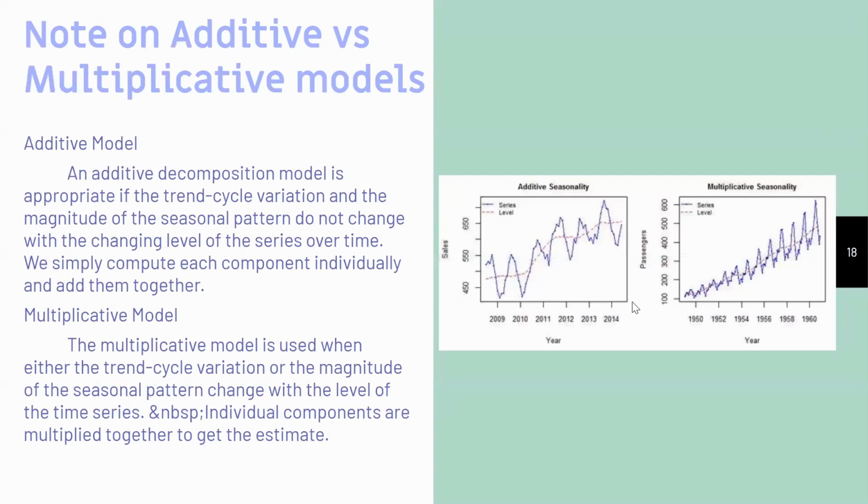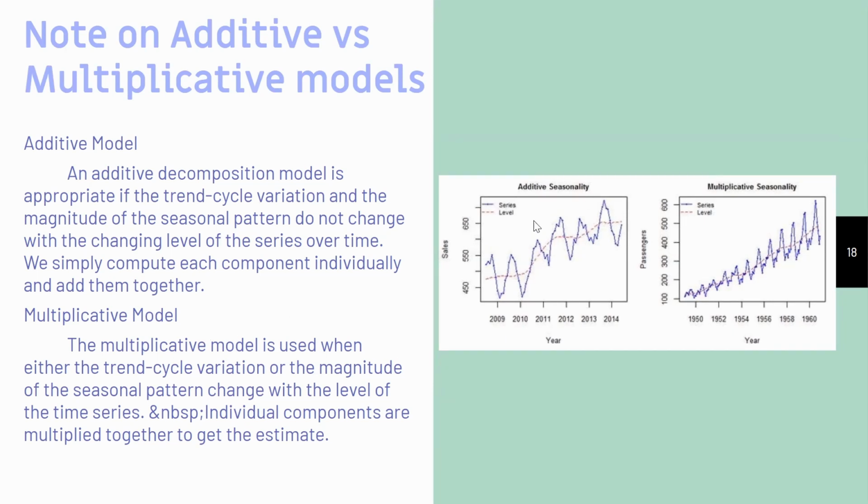Yeah, many. So a note on additive versus multiplicative. I've talked about this during the classical decomposition, but here it's additive versus multiplicative not in a decomposition sense, but in an actual forecasting sense. So an additive decomposition model is appropriate if trend cycle variation and the magnitude of the seasonal pattern do not change over time, and multiplicative is if they do change over time.